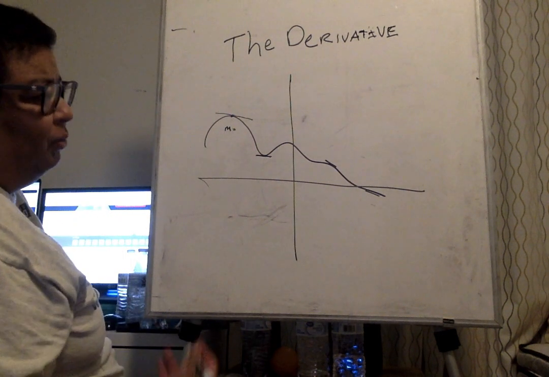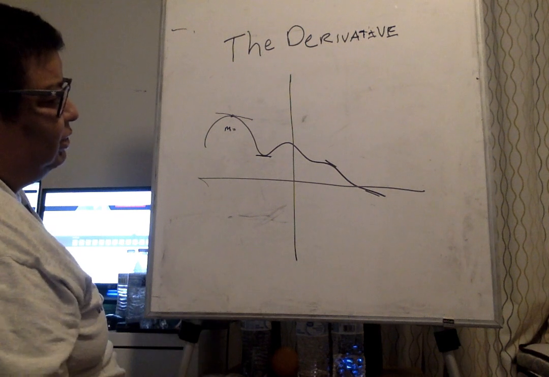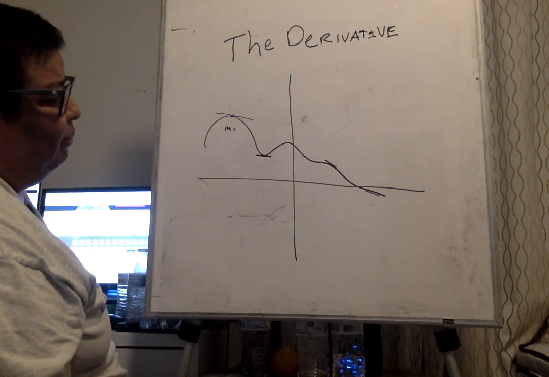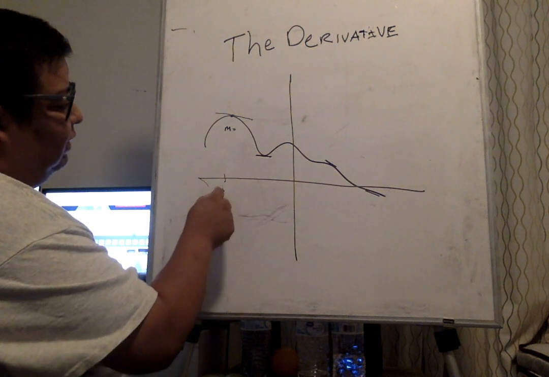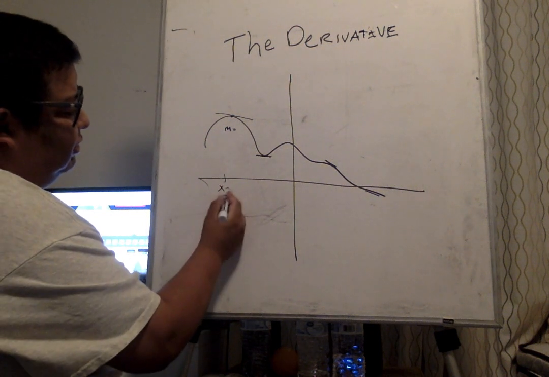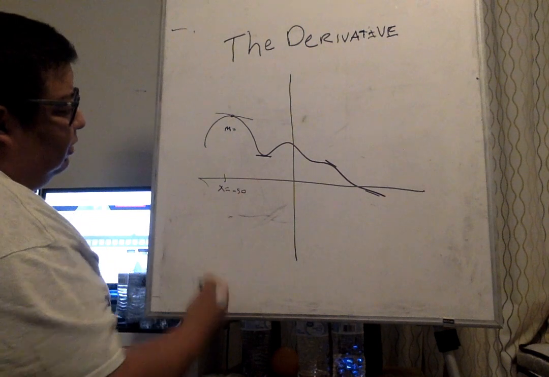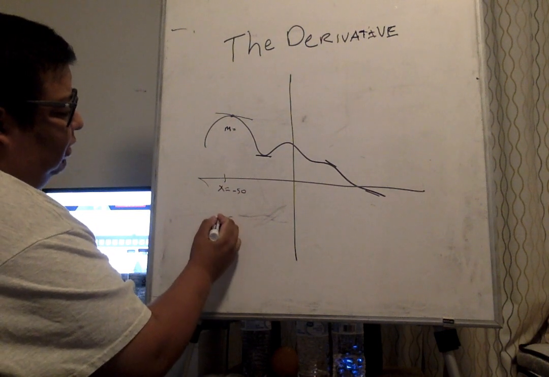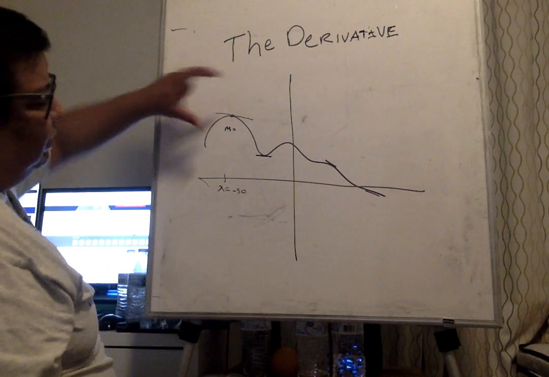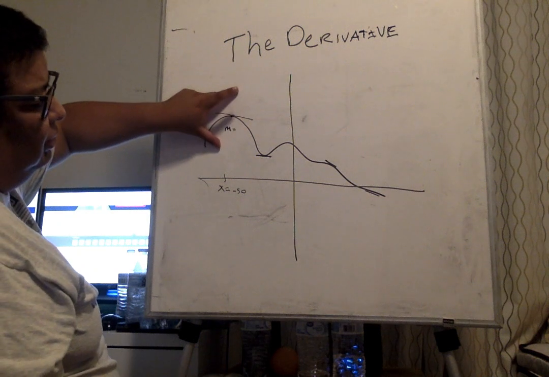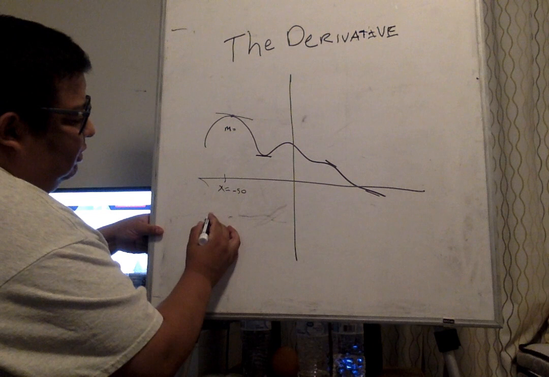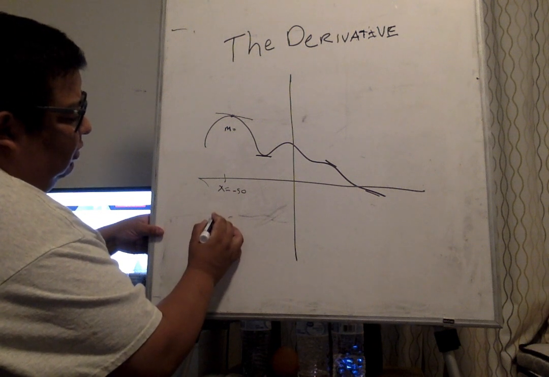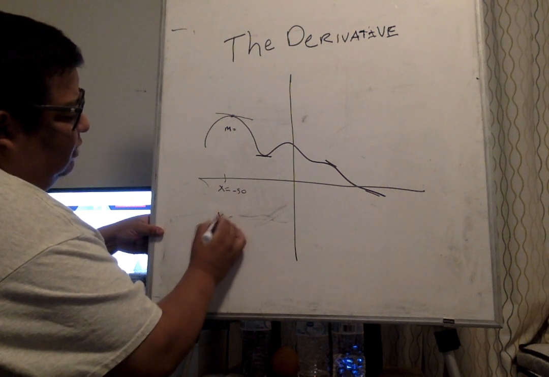So the derivative at a point is a number, because when you plug in your x, it's going to give you a number. For example, let's say x here is -50, and I'm not going to give you an exact derivative function for this particular function, but let's say it is x plus 3.